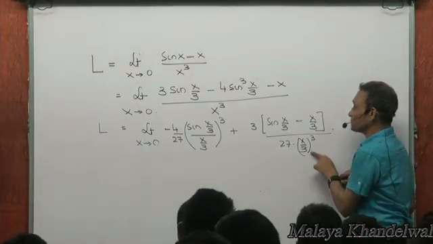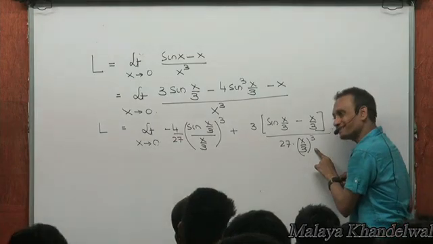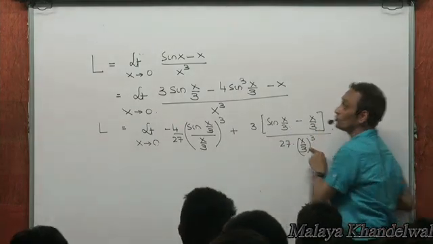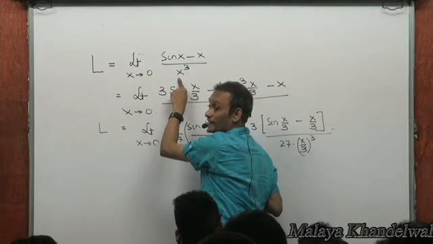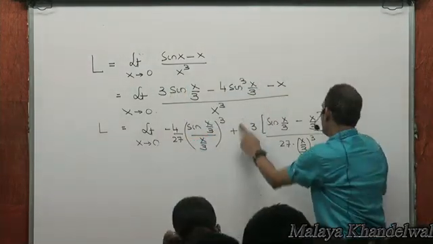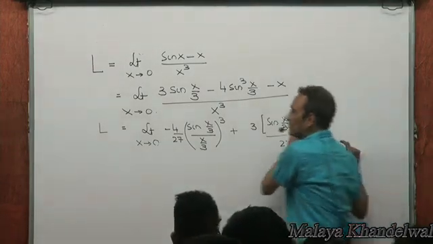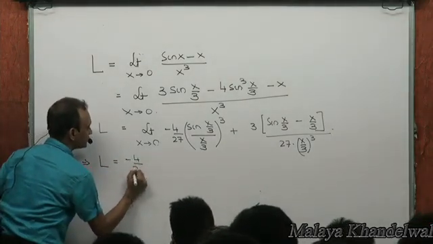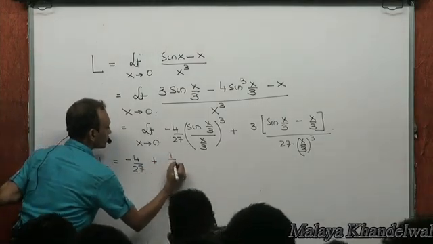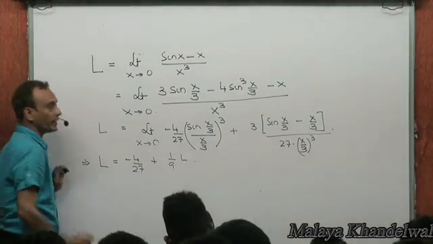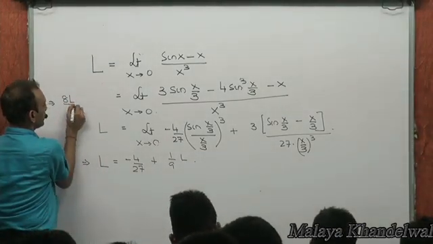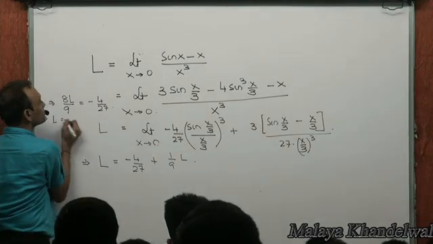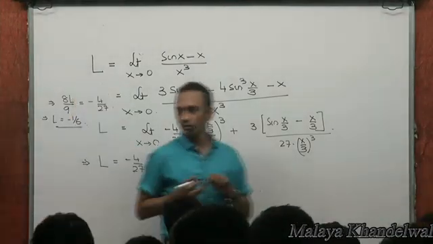Sin something minus something, by something cubed, as something tends to 0, that's going to be L. So this would be 1 by 9th of L. Which means L turns out to be minus 4 by 27 plus 1 by 9 of L. That is, 8L by 9 is minus 4 by 27, so L turns out to be minus 1 by 6, the required limit.